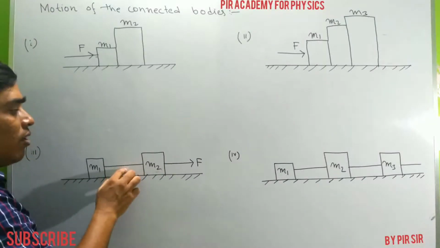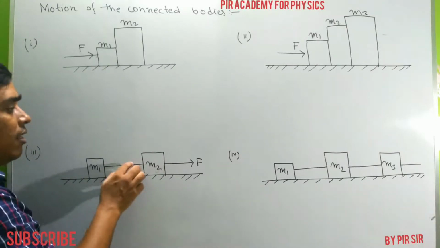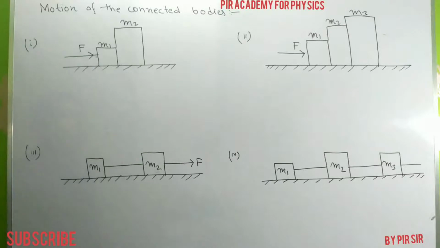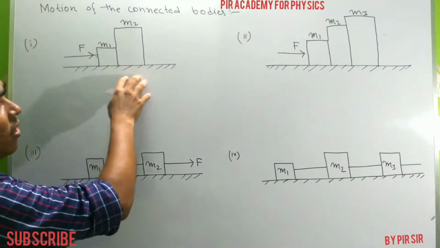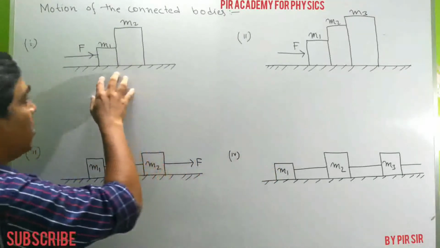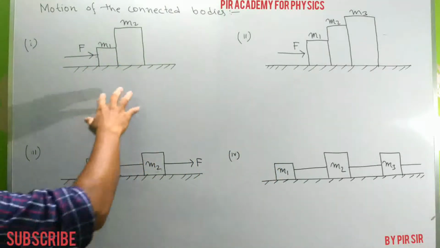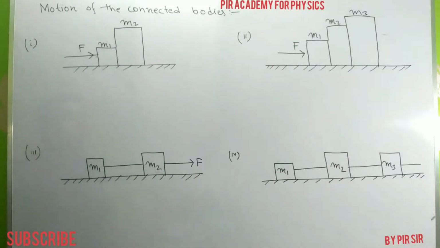This string is not expansible and is massless, and the plane where the masses are placed is a frictionless plane.